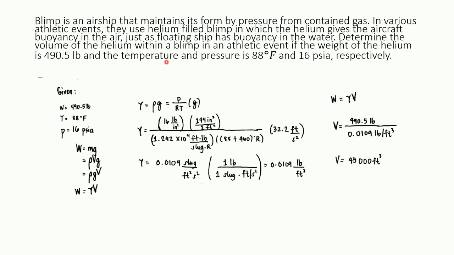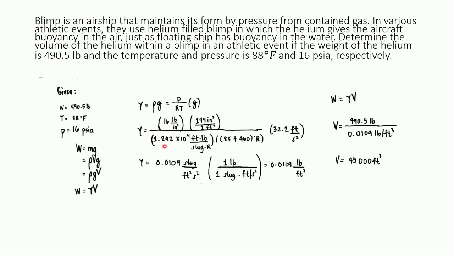Since this problem involves a gas, we are going to solve our density with this equation here: pressure over the product of the gas constant and its temperature. So our pressure is 16 psia over the gas constant.